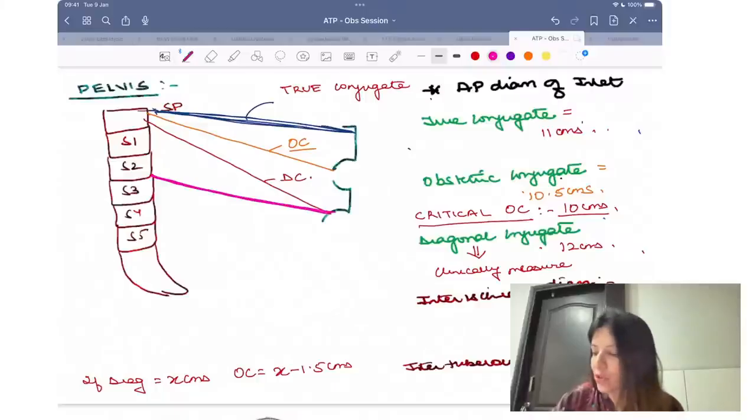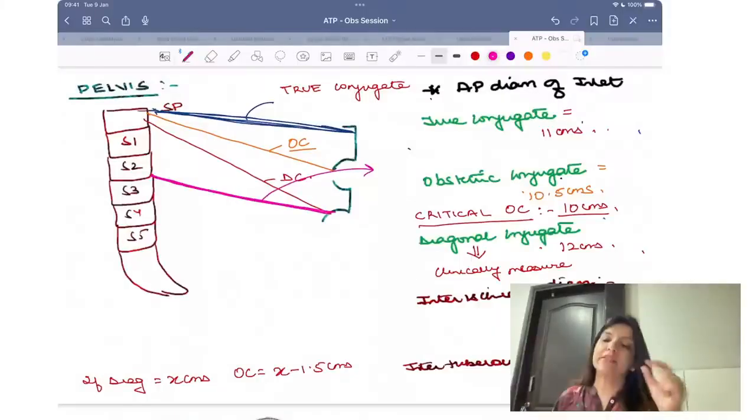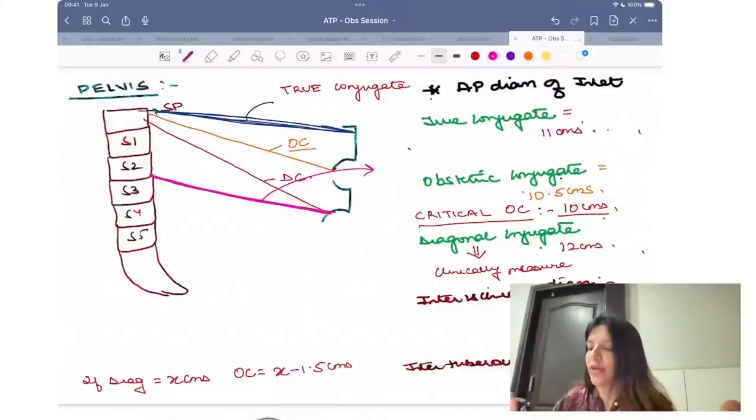Now tell me, this line which I have just drawn in pink color, what is this line representing? I want your answers in the chat box.